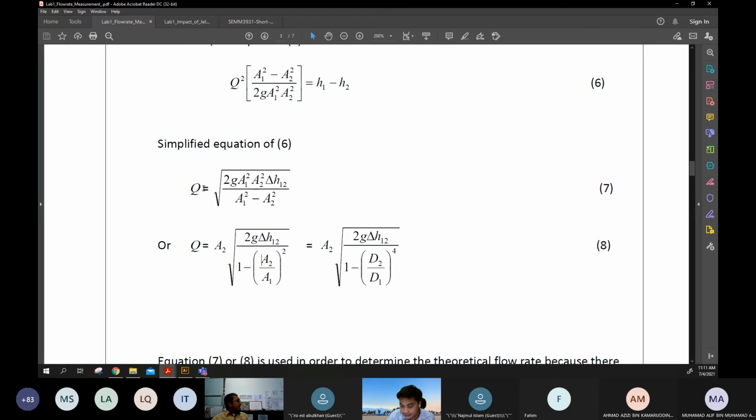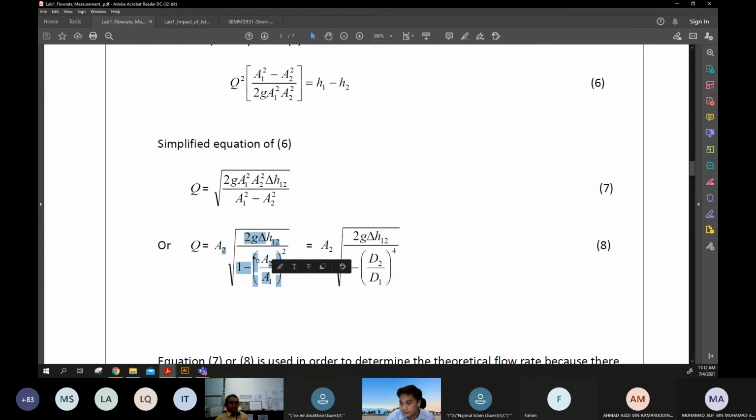We do further simplification, where Q equals A2 times the square root of 2g delta H over 1 minus (A2 over A1) squared. This is a further simplification; basically it is the same as the previous one, in terms of area.